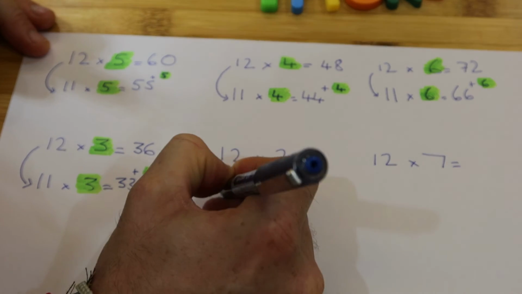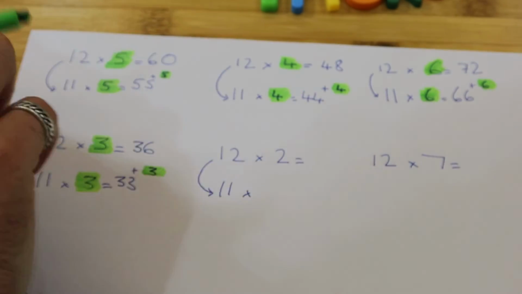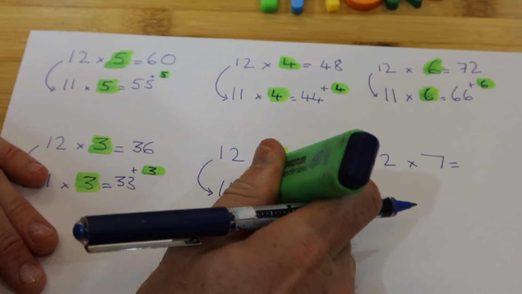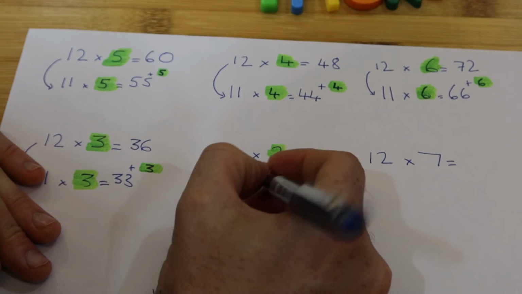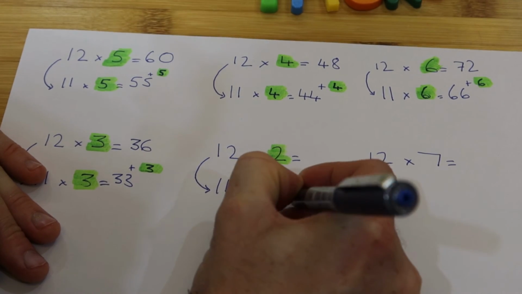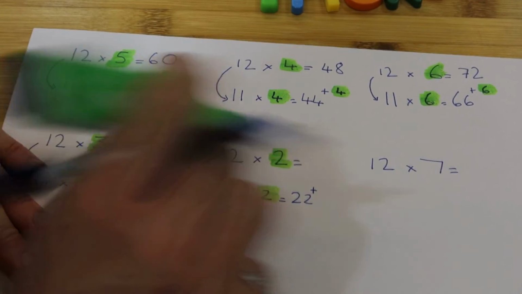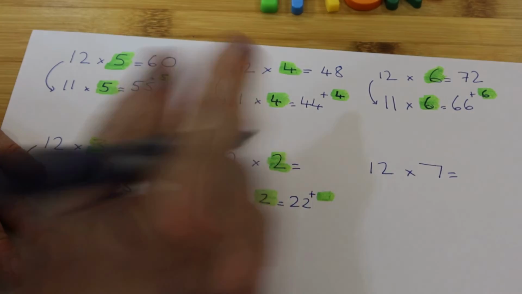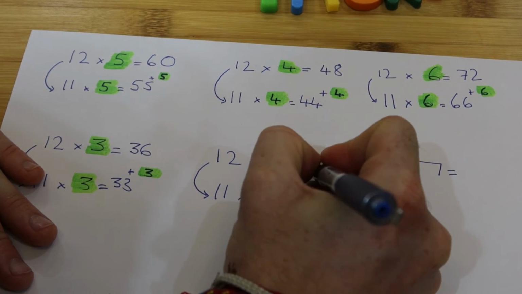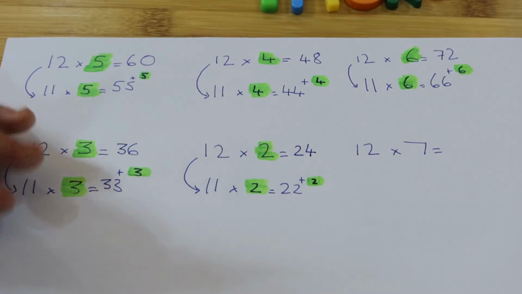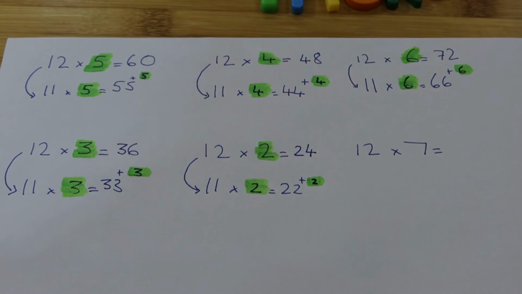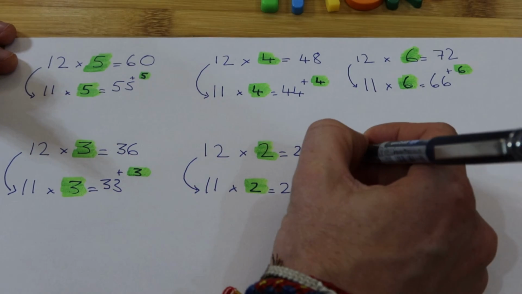I don't know my 12s, so I'm going to do 11 times by what we're multiplying by, the 2. So 11 times 2 is 22. I'm going to add 2. So that's 24.